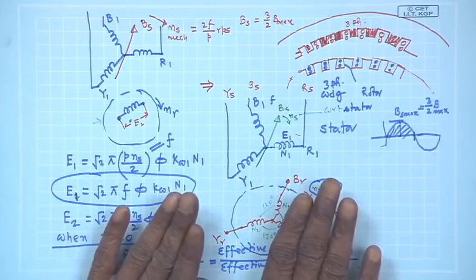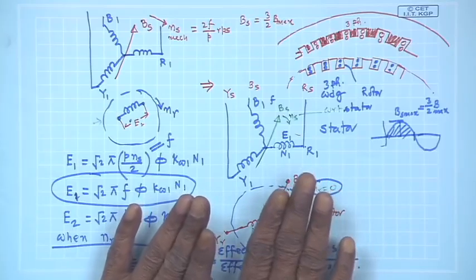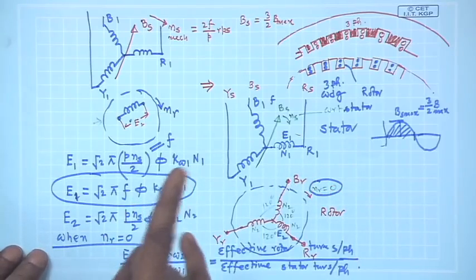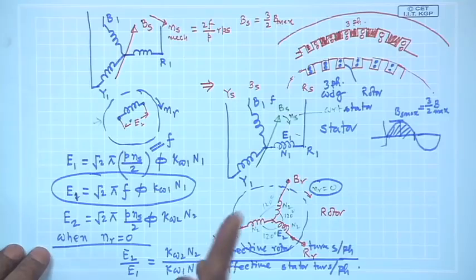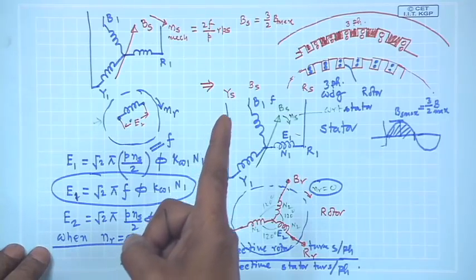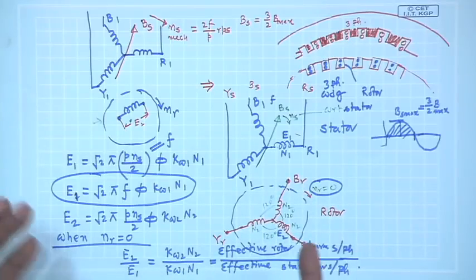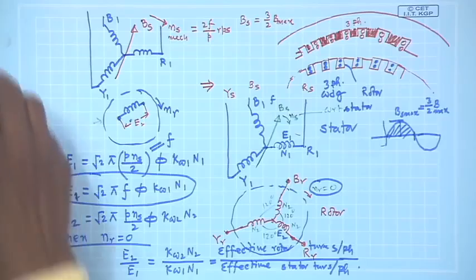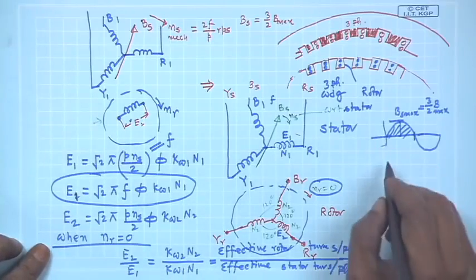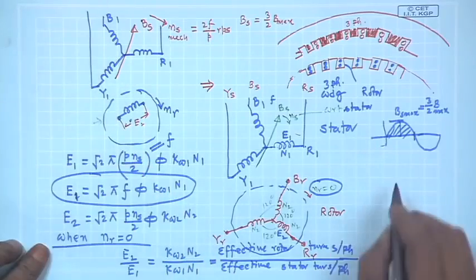It is not allowed to move, and if it is not allowed to move, I am pretty sure that the stator supply frequency and rotor frequency have to be the same, because I am forcing the rotor to remain stationary by locking it mechanically. In that case, what you can do is this, suppose the idea is very simple.